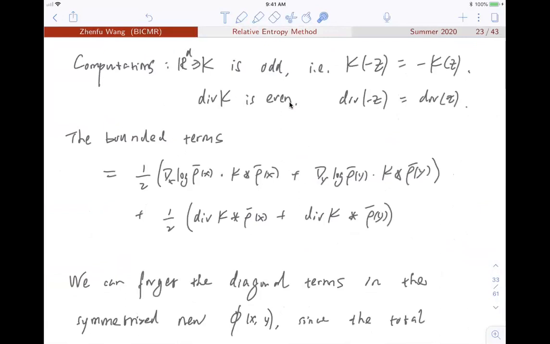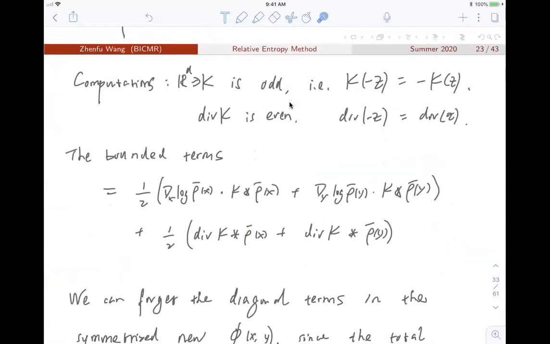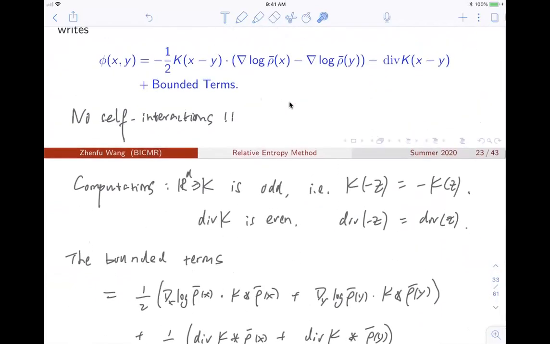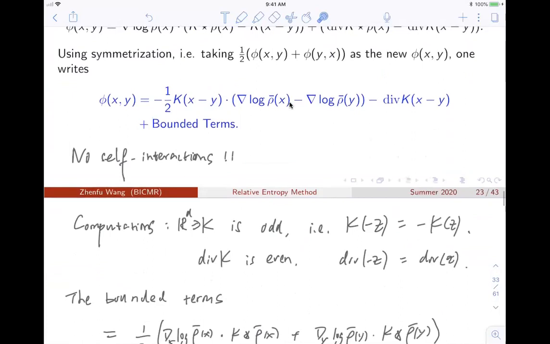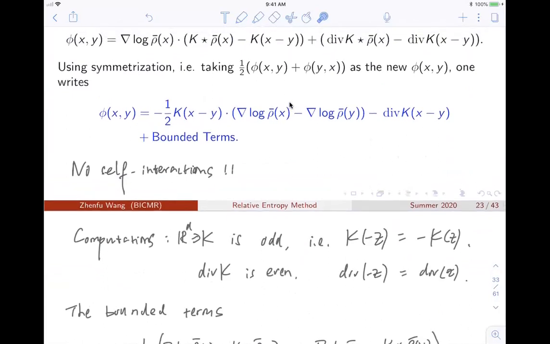So the next page is a computation, but it's not very important. The bounded terms here are just these terms. If you take k to be the Biot-Savart kernel, this is a singular term.